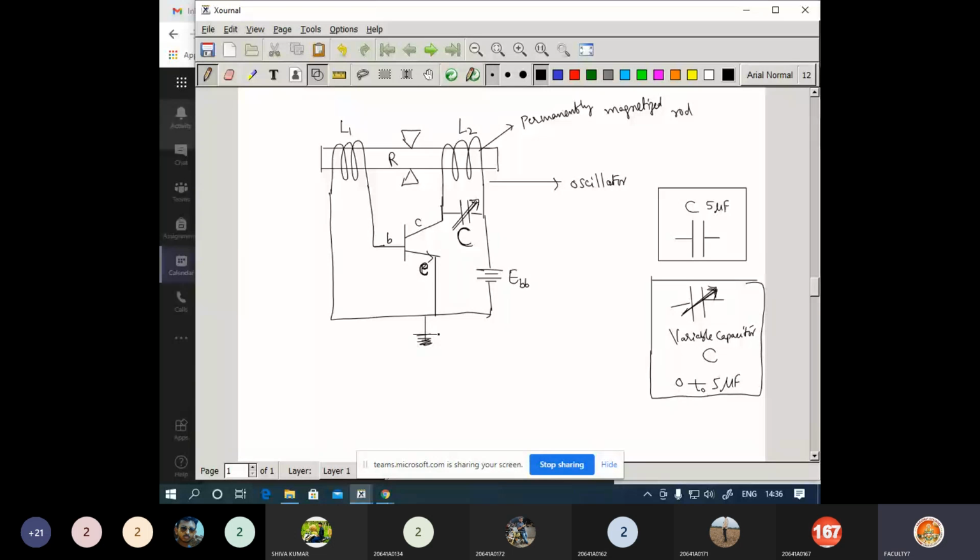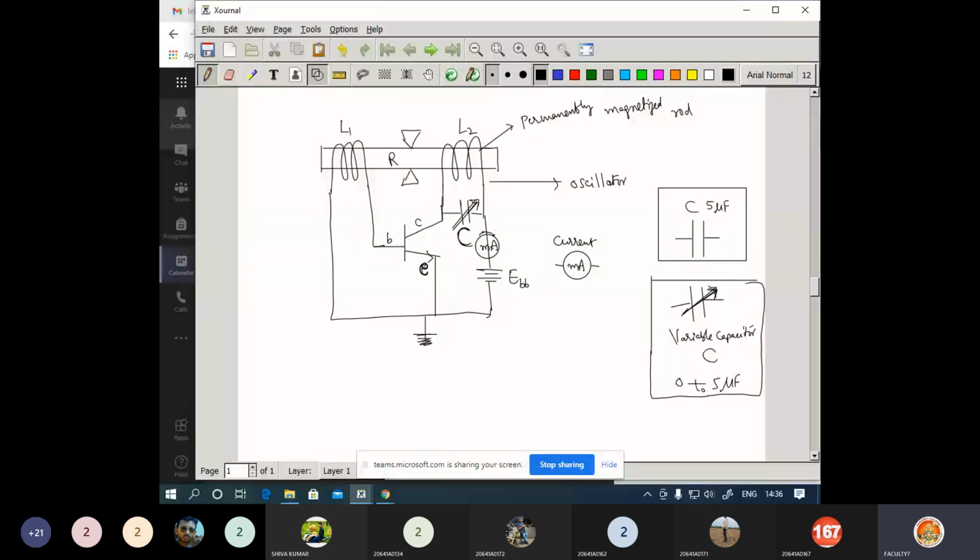So this is a circuit here, and we are going to measure the current by means of an ammeter, by means of a milliammeter. So this milliammeter we are going to connect between these two terminals. Okay, this is the complete circuit here.